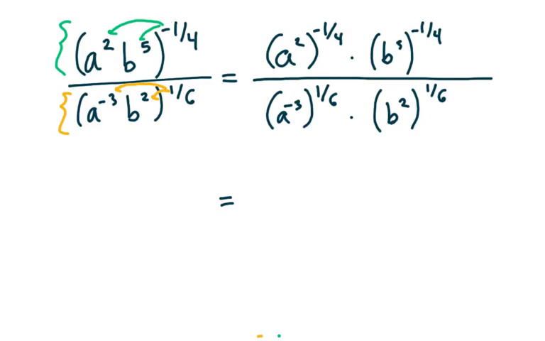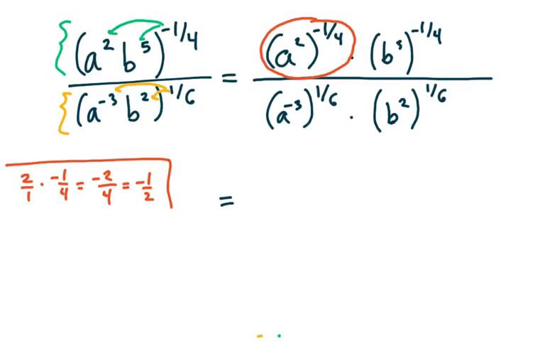This is where you may choose to do a little bit of side work to clean up. I'll just kind of talk through each piece. When I have a squared raised to the power of negative 1/4, I need to multiply 2 and negative 1/4. I'll think about 2 as 2 over 1. I could multiply straight across and get negative 2/4, or some of you may have cross-canceled. Either way, it reduces down to negative 1/2. So here's some side work to show that the new power on a in the numerator is negative 1/2.